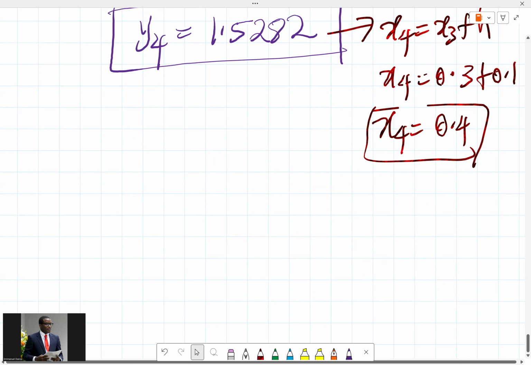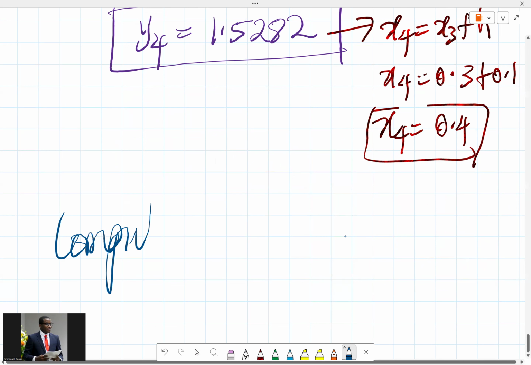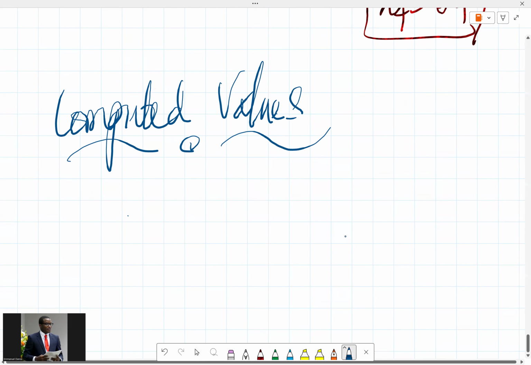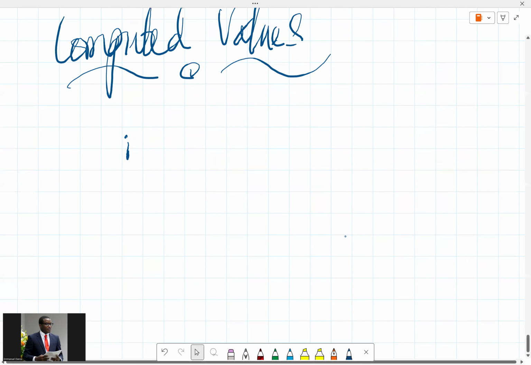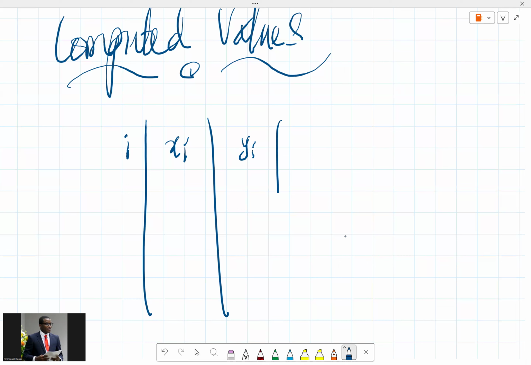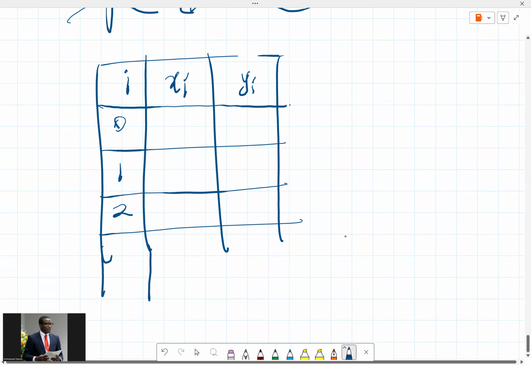So right now we can have the computed values, since we have them listed. Just like I like to do, we have i, which goes from 0 to 4 in our case. Then we have xi, and yi, the results. So we have 0, 1, 2, 3, and 4.